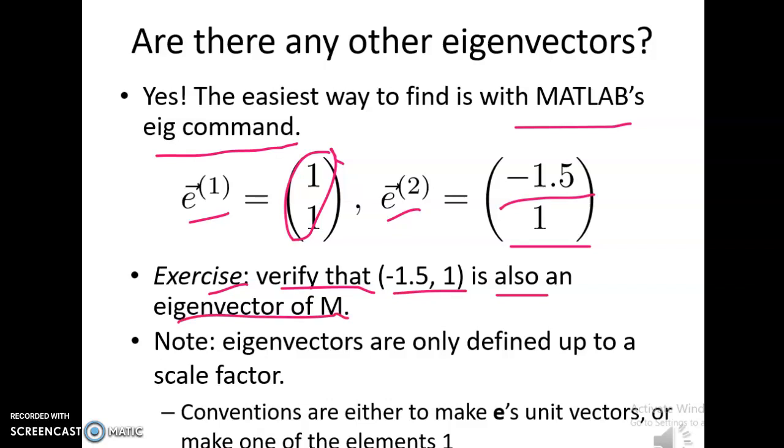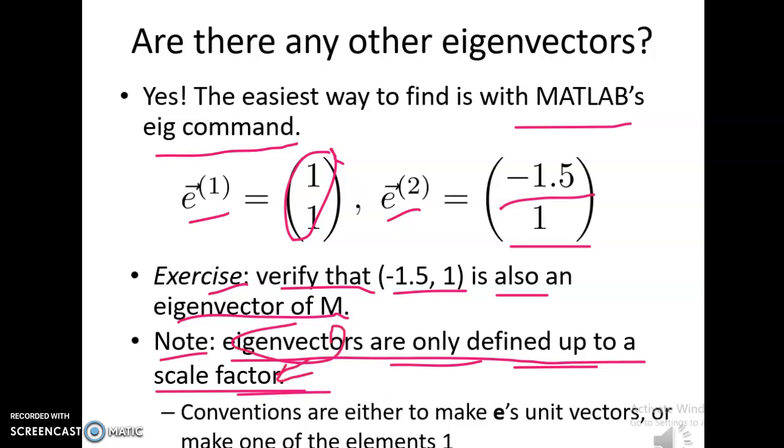Note, eigenvectors are only defined up to a scale factor.